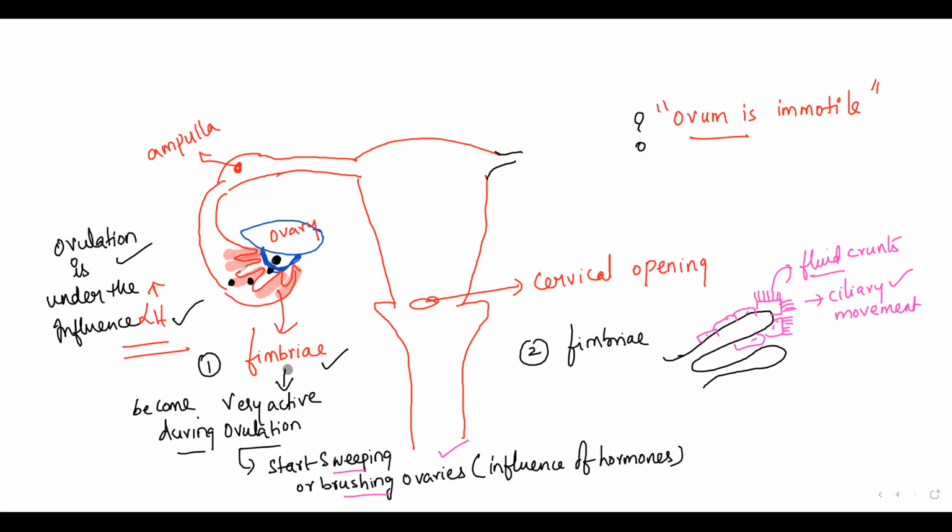Did you understand now how it entered into the fallopian tube, especially into the infundibulum area, right? This area is called what? Infundibulum. So now it entered into the infundibulum area. Though it is immotile, it could enter into this. So now after it enters the infundibulum area of the fallopian tube.